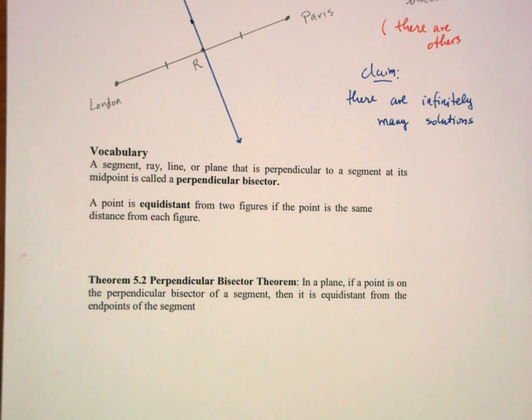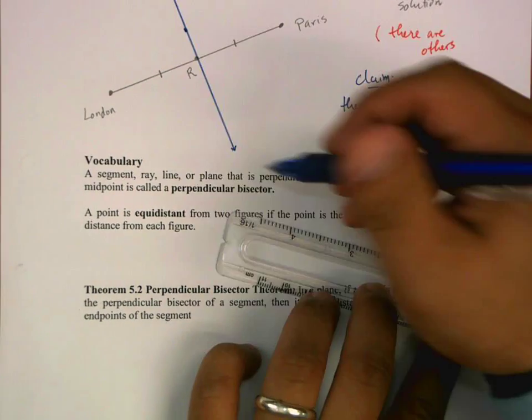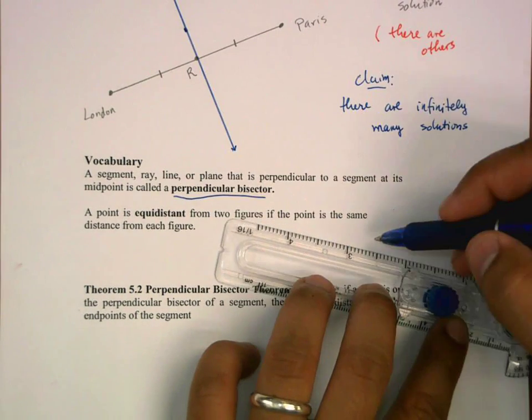A segment, ray, or plane that is perpendicular to a segment at its midpoint is called the perpendicular bisector. A point is equidistant from two figures if the point is the same distance from each figure. So let's just talk about perpendicular bisectors here.